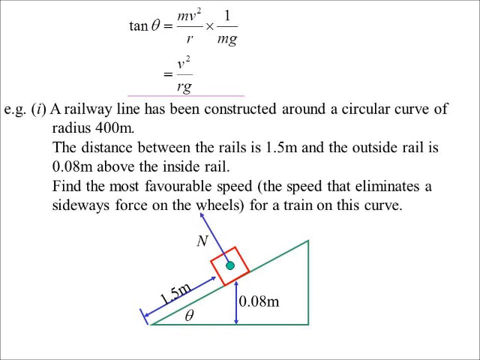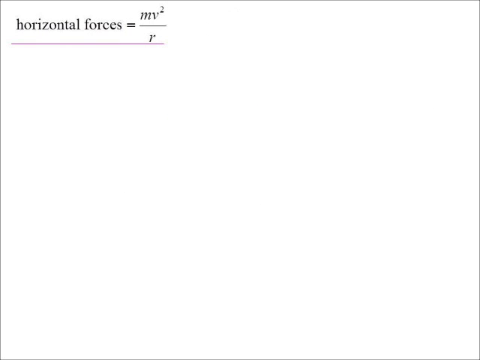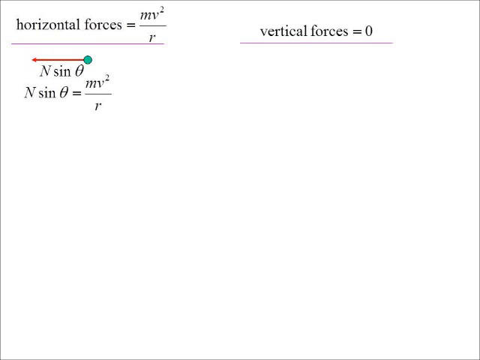So there's our forces. We have our normal force, our force due to gravity. Again, we're going to have to break up the normal force into our components, and we come up with, yet again, the same equations. All those horizontal forces will be mv squared on r, and our vertical forces will be 0. So the same problem yet again.